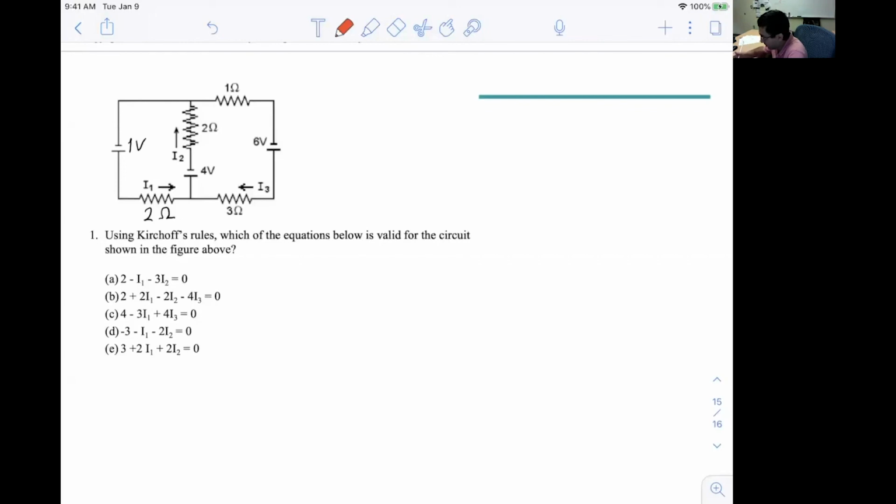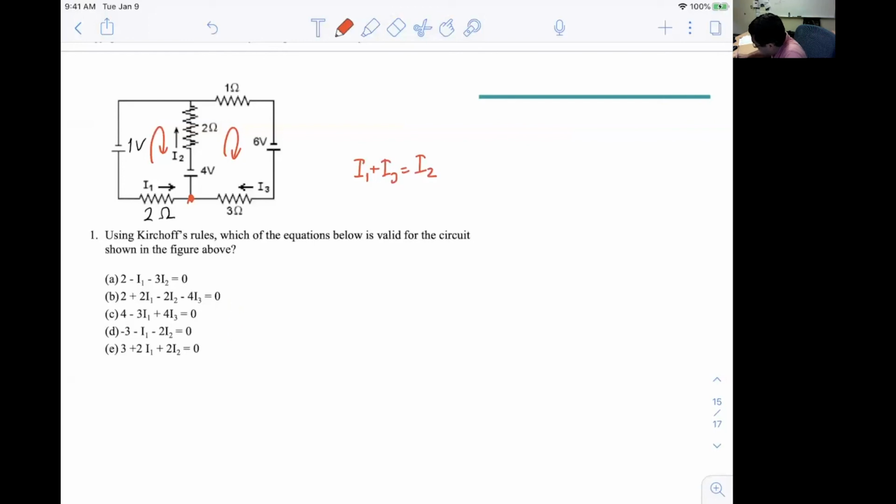Let's write the Kirchhoff's junction and loop rules. So you have I1 incoming and I3 incoming, and I2 is leaving at that junction. For the loop, we can try this and this one. Let's look at the equations here. I don't see anything close to the first one.